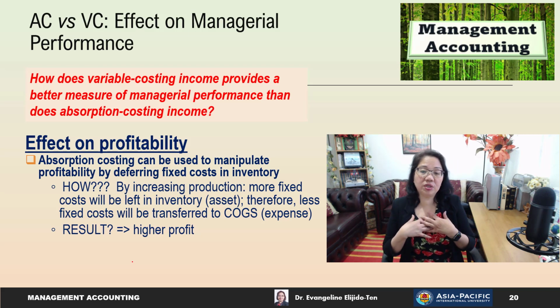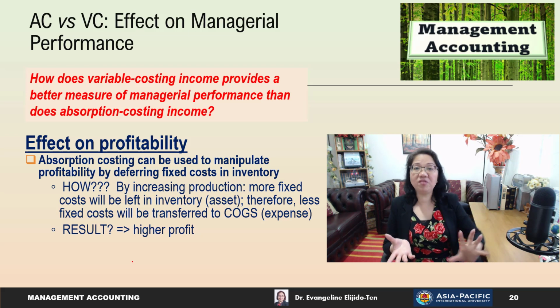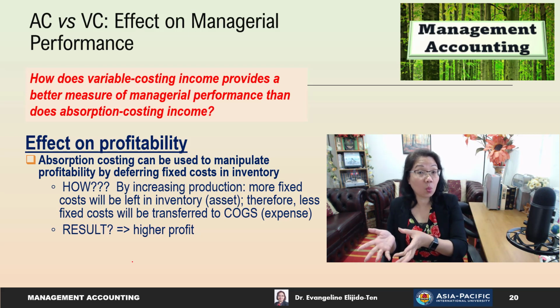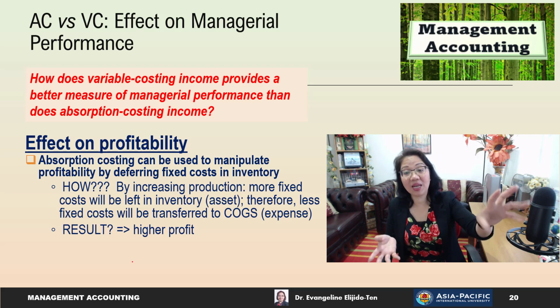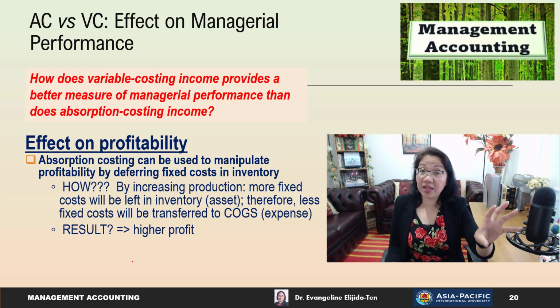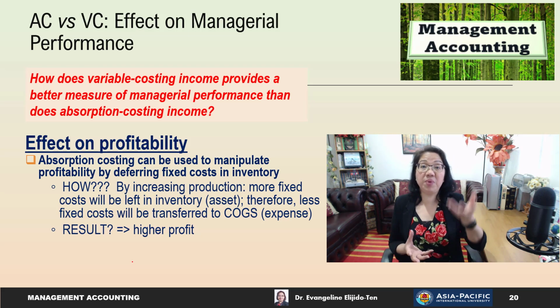If I'm the manager and I would like to show a good profit, all I have to do is manufacture more, even though I know there's no demand for that. Why? Because I can capitalize, I can defer fixed costs as part of inventory, and therefore there are less expenses for the year. But the problem with that is there will be a build-up of inventory.